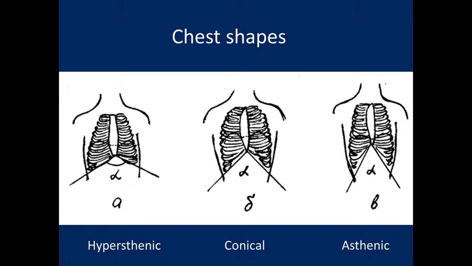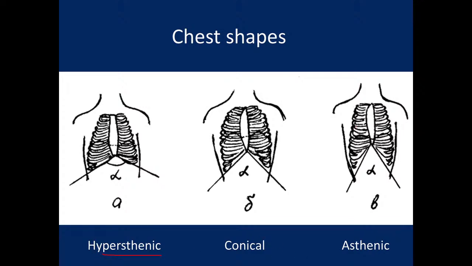Chest shape is a part of constitution. It depends on the type of body. We see some people with a large thorax. We call them hypersthenic.